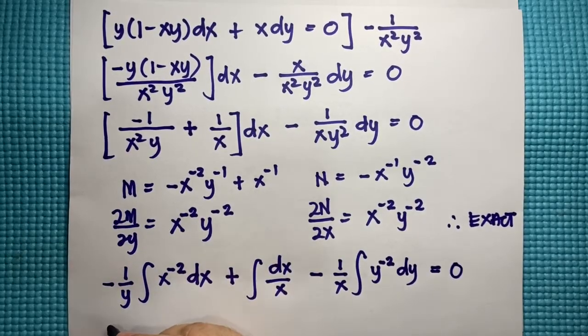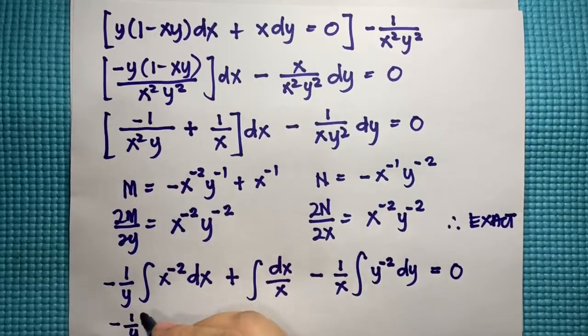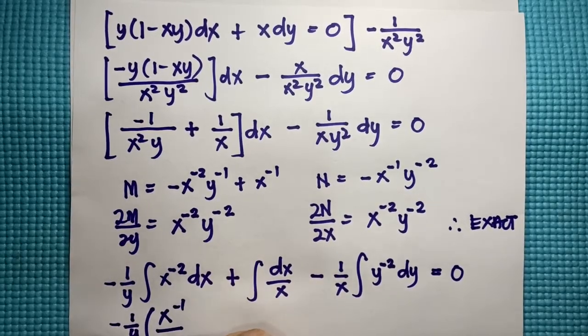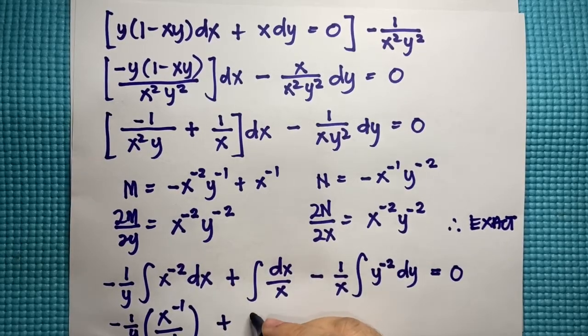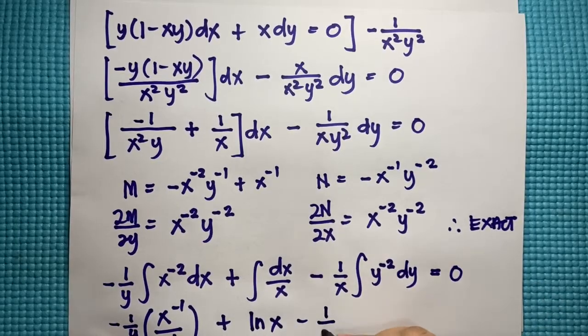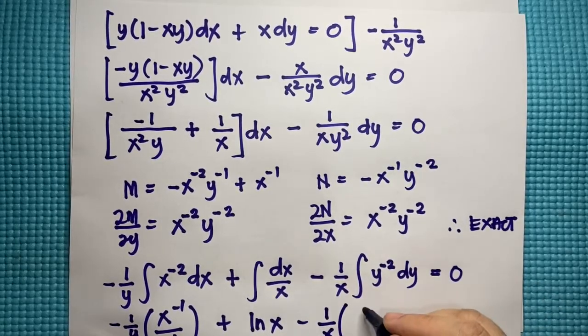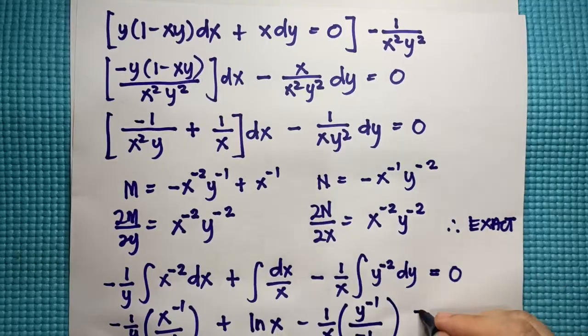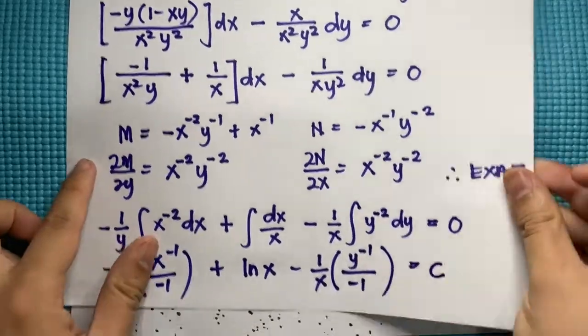So I'll have now negative 1 over y multiplied with x, negative 2 plus 1 is negative 1, all over negative 1. Then plus, this would be ln x, minus 1 over x, so I'll have y raised to negative 1 all over negative 1, and that is equal to c.